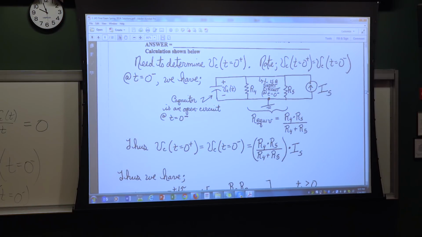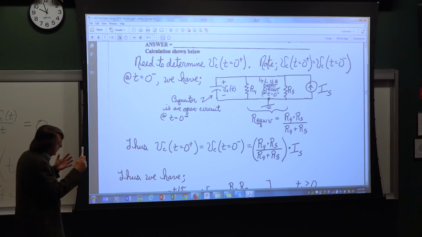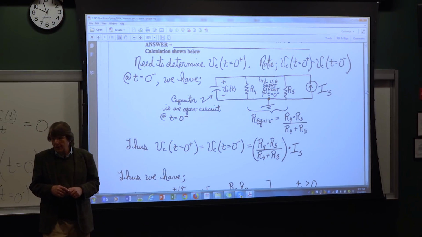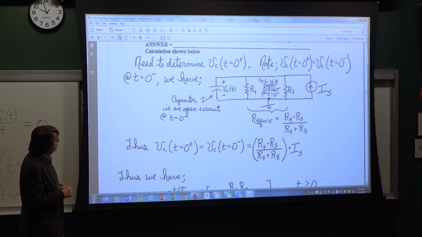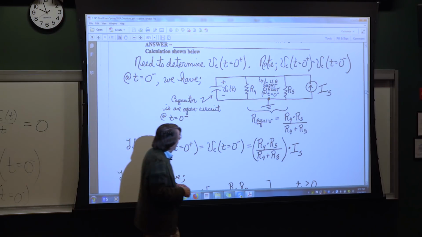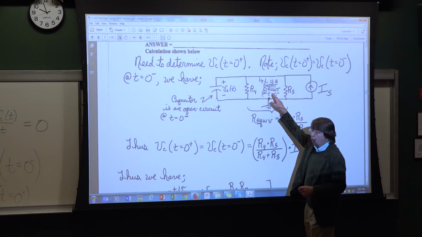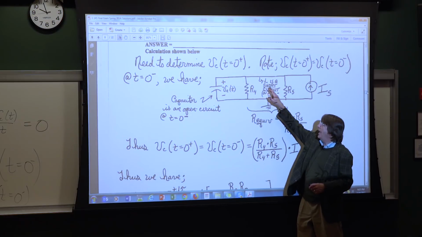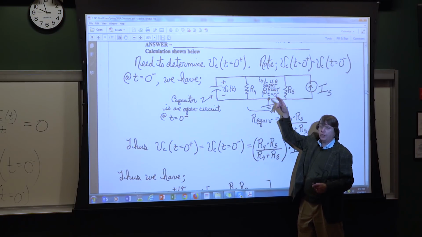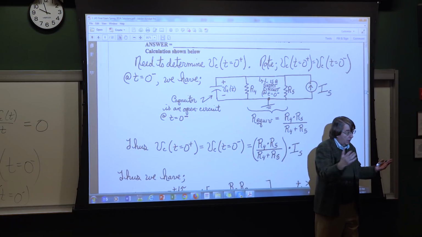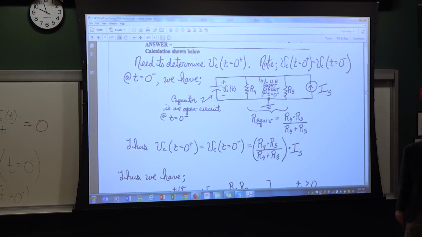Okay, so we point out, as Sean and I were discussing, that the voltage across the capacitor cannot instantly change. And I wrote down here, it might be hard to read, but you'll see it in the solutions, L is a short circuit. Okay, in steady state, the inductor becomes a short circuit.